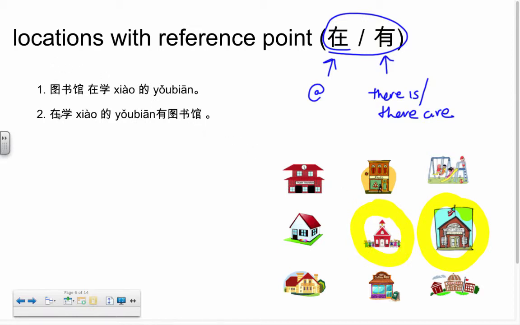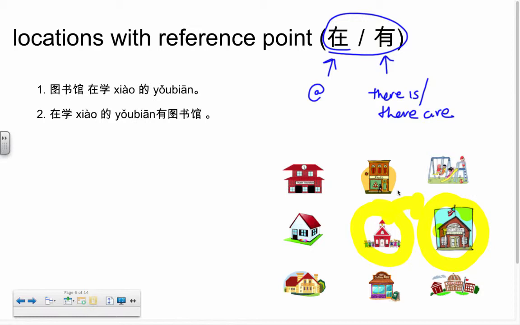So in the first sentence I said 图书馆在学校的右边. The library is to the right of the school. And the second one, I switched it up and said it backwards, which is the same exact thing. So I could say, 在学校的右边有图书馆 or 有一个图书馆.